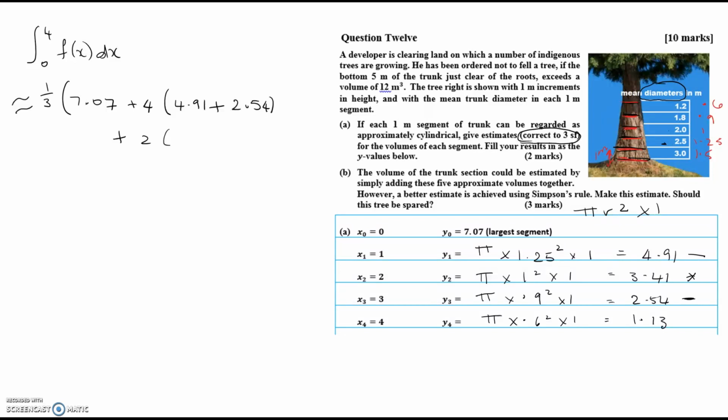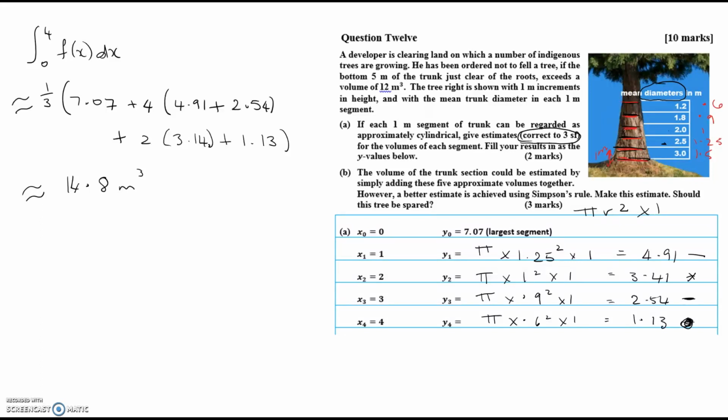This is just in the formula. You're just filling in a formula. Nothing to really understand. Plus the last one, which is that. And the answer then is approximately 14.8 cubic meters. Now we need to go back to the story.